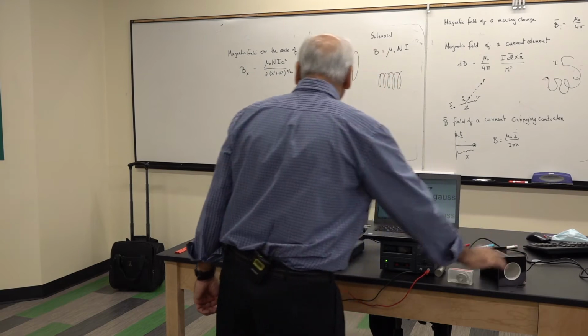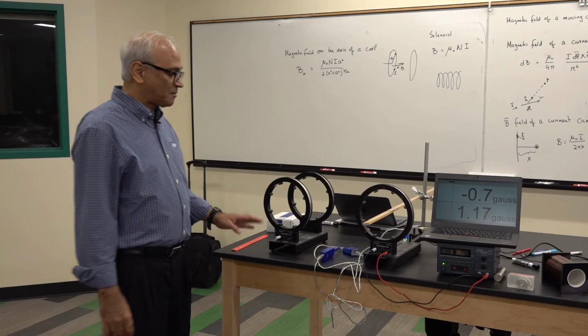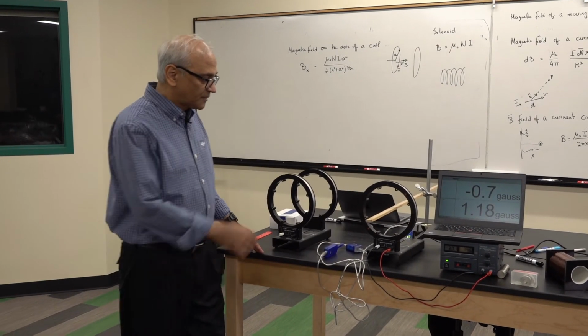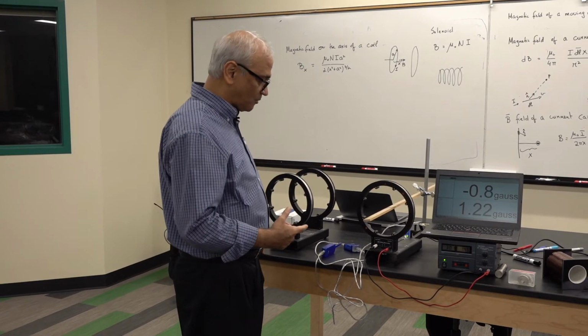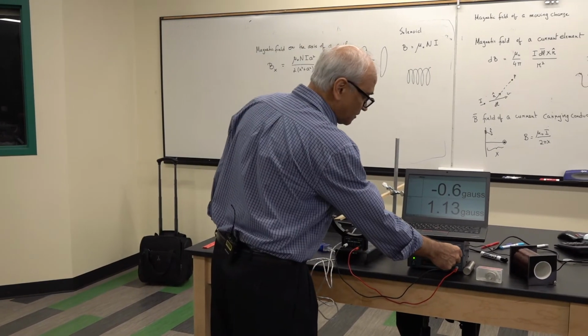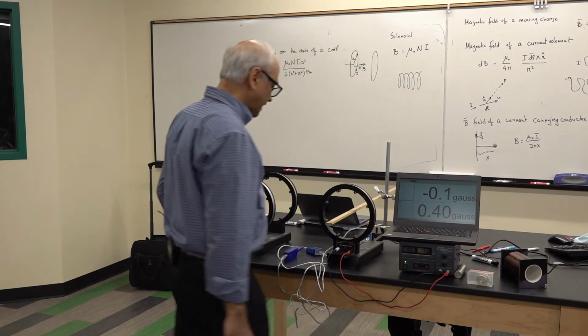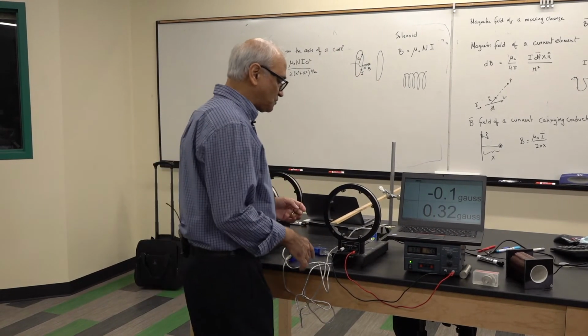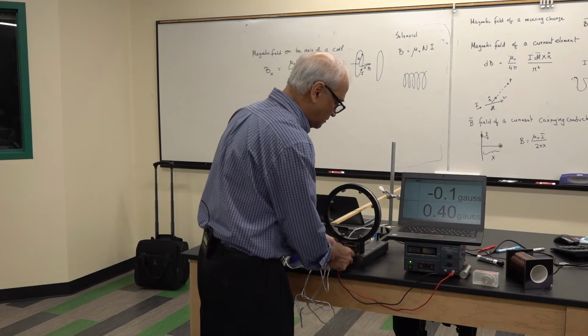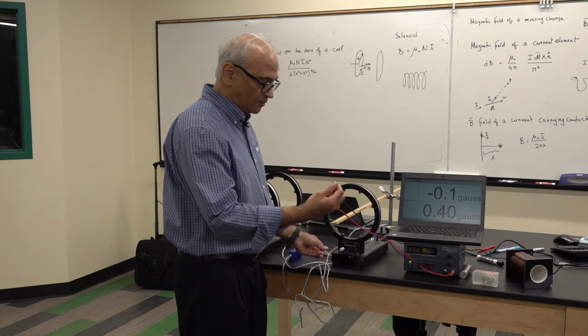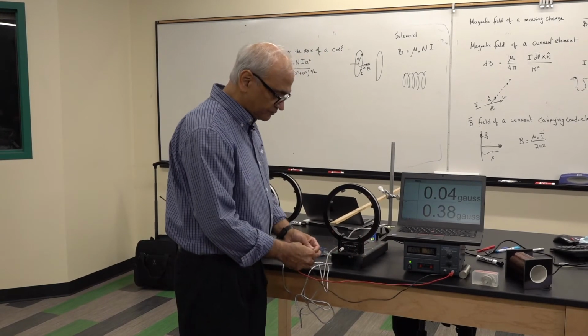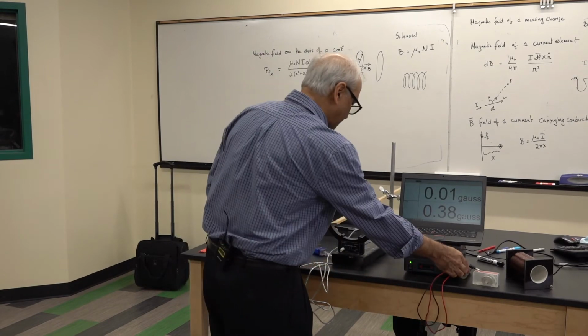Okay. So the next part of the experiment, we're going to continue with more or less the same thing. I'm going to turn the ampere down, and we're going to use 2 Helmholtz coils. So I'm going to take off the wires from here, okay?